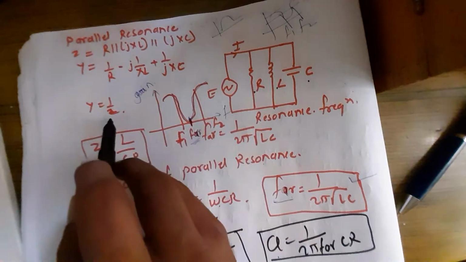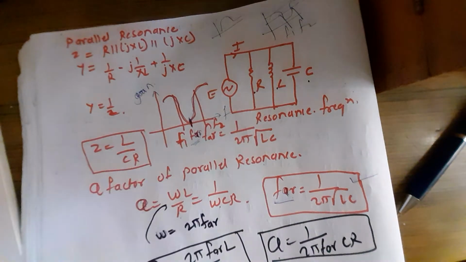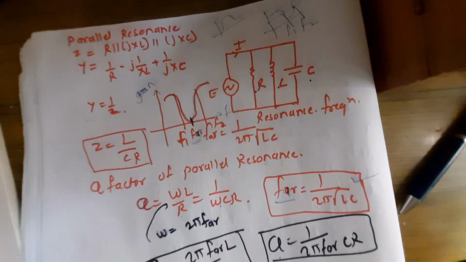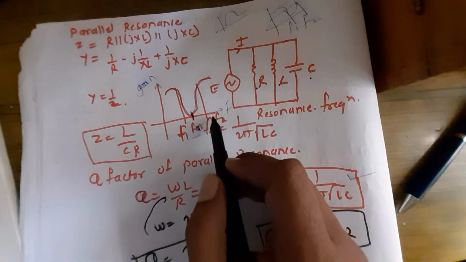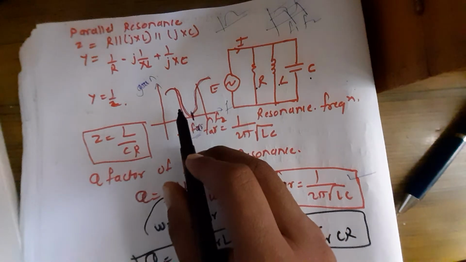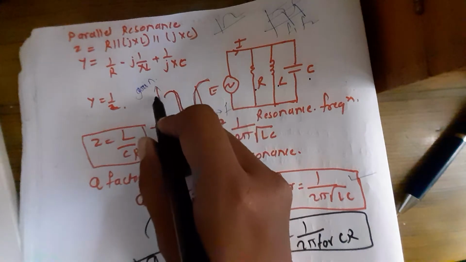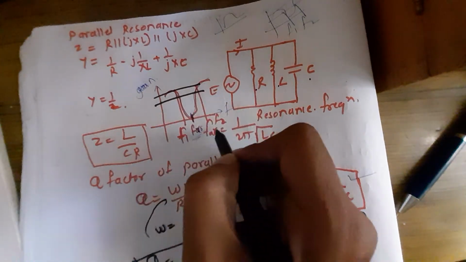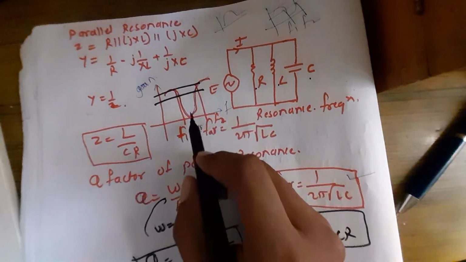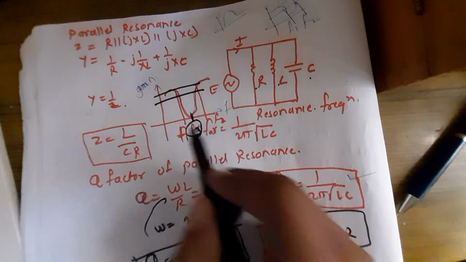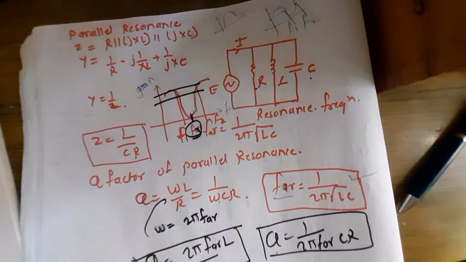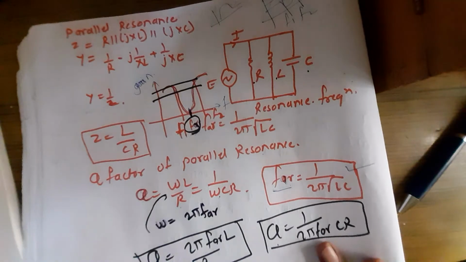Then the admittance is basically inversely proportional to 1 by Z. After applying this you will get this type of response, the frequency response of a parallel resonance or anti-resonance. From the peak we will take 3 dB down, we will get two frequencies f1 and f2, and at this lowest point we will get FAR. FAR is the frequency of anti-resonance or the parallel resonance.